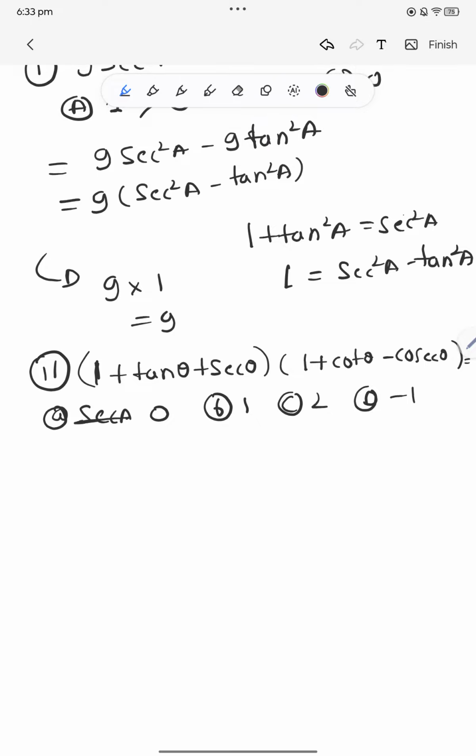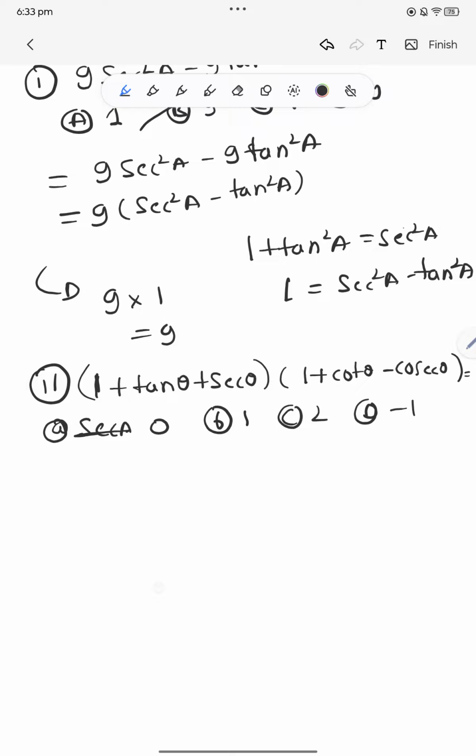Let us assume theta value is 0. Tan 0 is 0, secant 0 is 1, cot 0 is infinity, so we can't find it. Let us go 30 degree. 30 degree means 1 by root 3. Here options are not there in root 3. Let us go 45 degree. 45 degree sounds good, I think. We'll go for 45 degree.